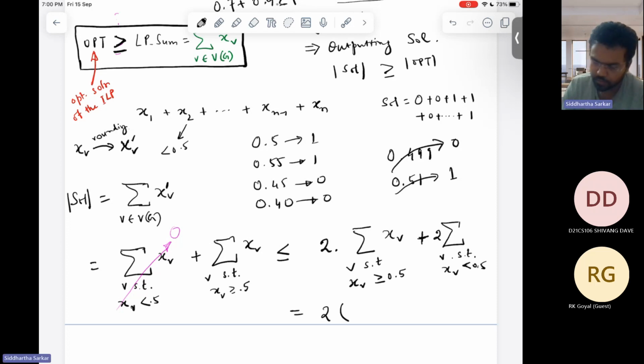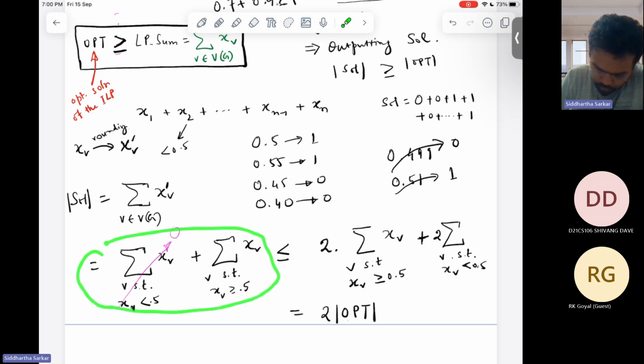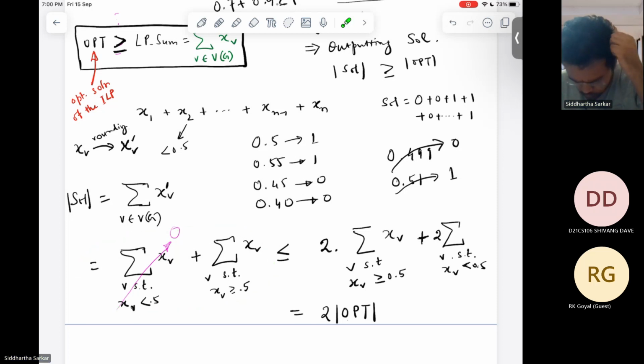Just a second, let me verify if I'm saying the correct thing. I want to say that this thing is OPT. I've actually proved that sol is at most 2 times OPT, but let me just verify if this step is correct or not. Yes, so we'll just say x dash.